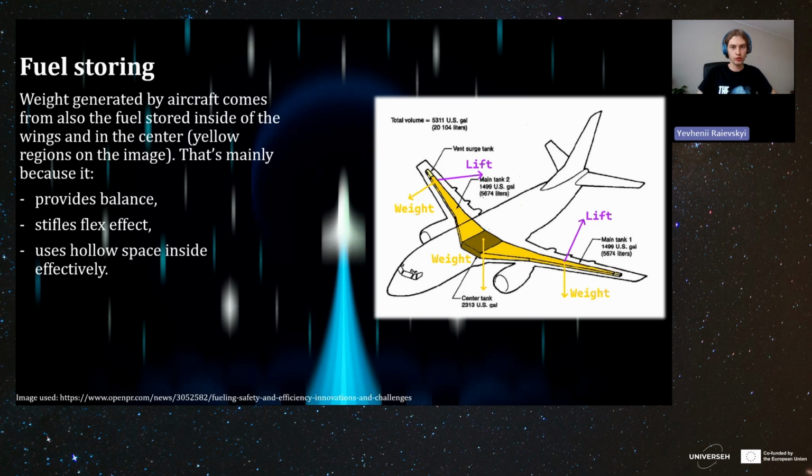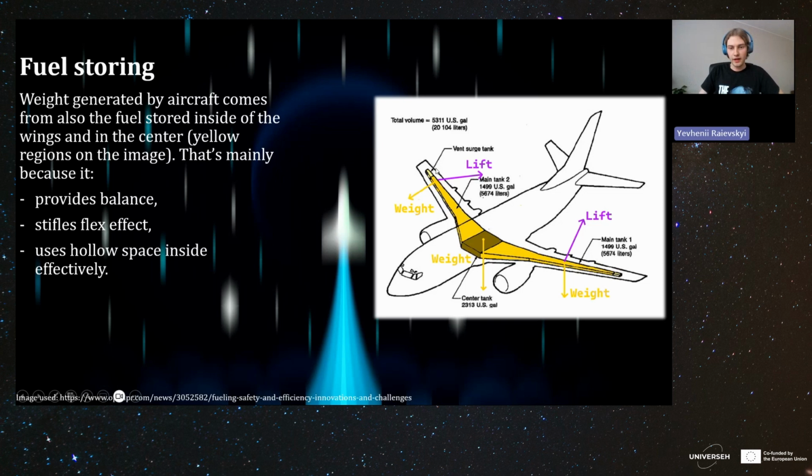causes it to not flex during the flight, because if we would imagine this weight at the center part right here, there is a very large force, because there is the center of mass of the aircraft, right?